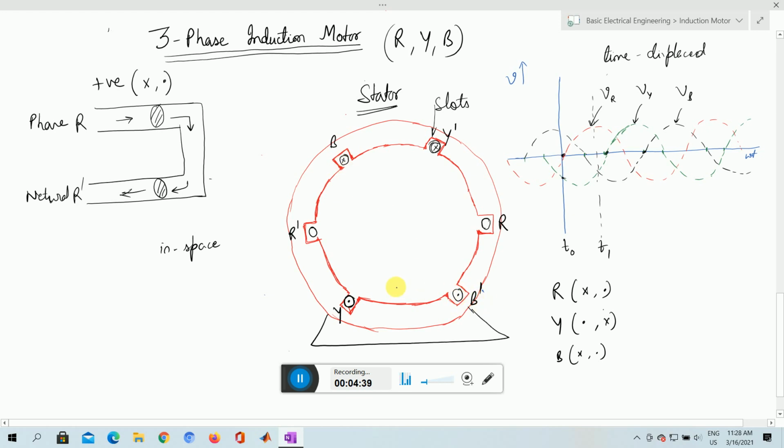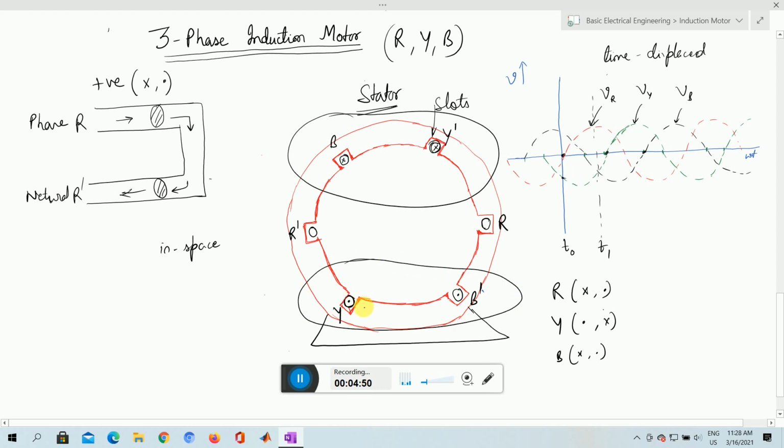What we can observe from these crosses and dots is that on the upper part we have all crosses and on the lower part we have all dots. If we use the right-hand thumb rule to find the resultant flux, we get the direction of the flux.